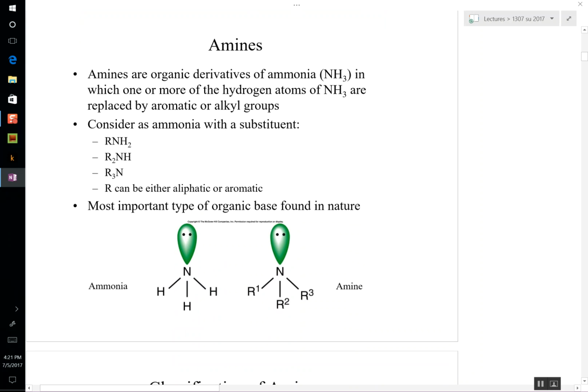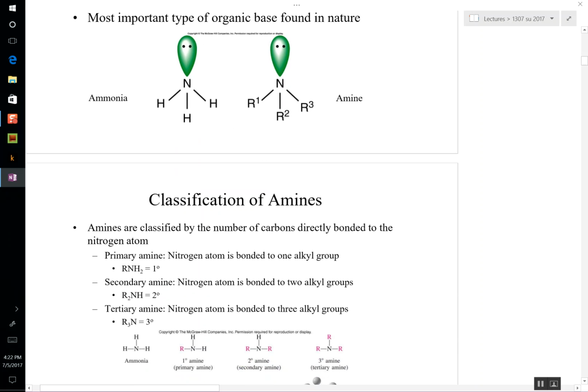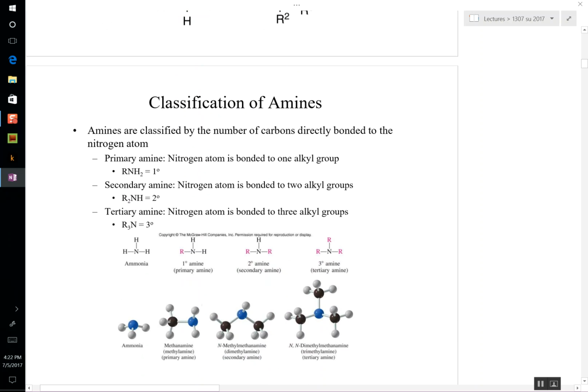It's got this lone pair of electrons up here, so it generally forms 3 bonds with something. So if you replace one of these hydrogens with a methyl, you've got a primary amine. You replace another hydrogen, you've got a secondary. You replace the third hydrogen, you've got a tertiary amine. So that's the classes of amines.